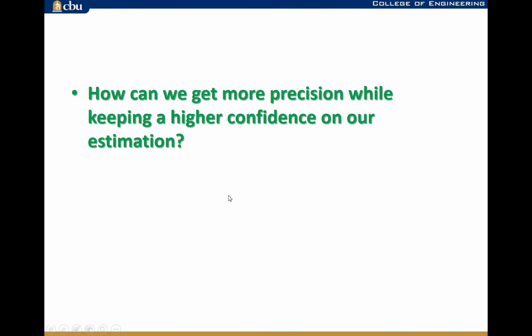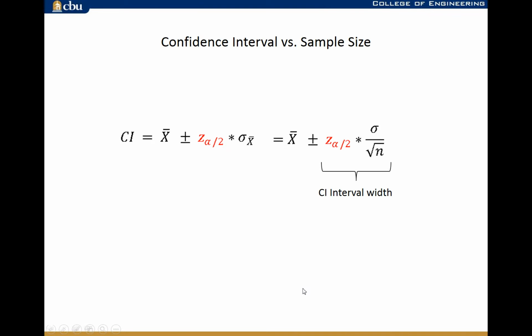The other question is, can we get more precise while keeping a higher confidence in our estimations? If you look at the equation, the confidence interval is changed by these factors. The first factor is based on the error alpha, or the uncertainty of alpha.